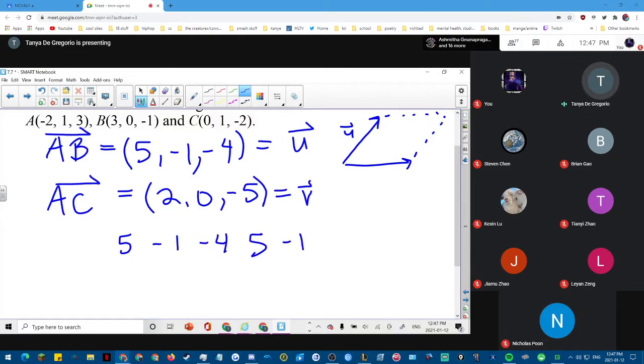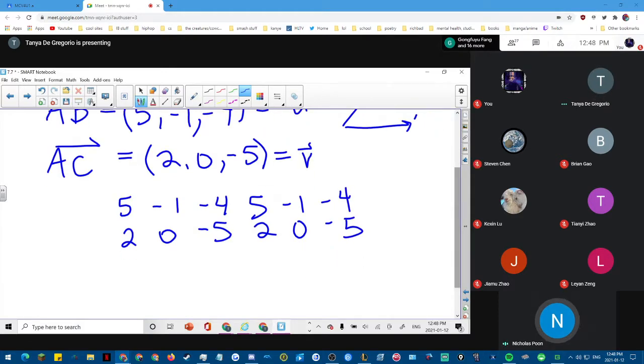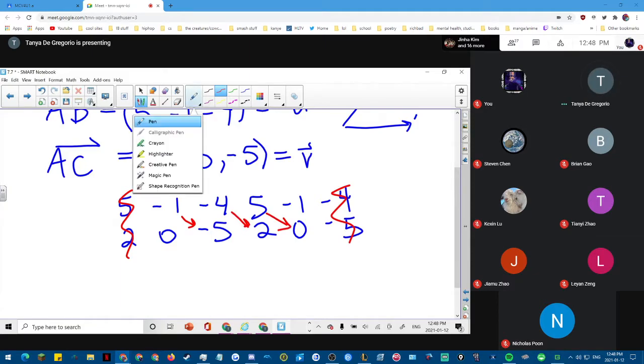Does it matter which vector I write first? What happens if I write it the other way? I'm not saying in this particular case, I'm saying in general. We'll get the opposite direction. Good. Excellent. So we don't worry about those two. Okay, so we're going to cross these.